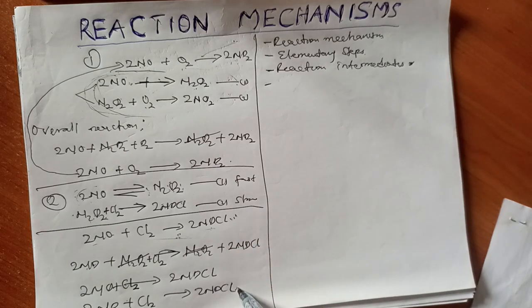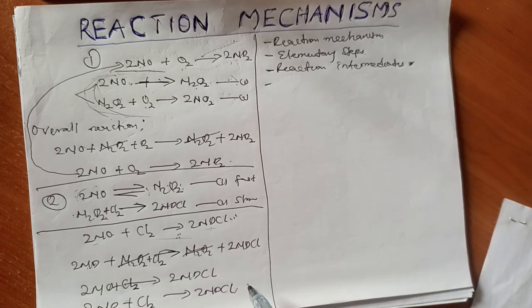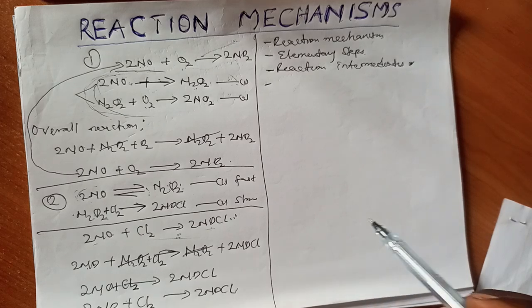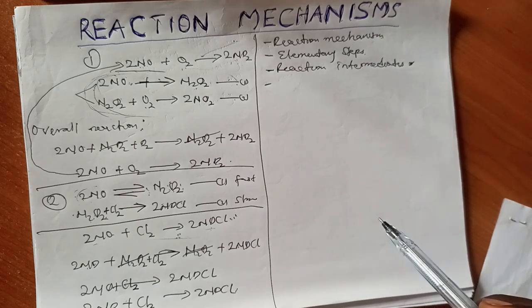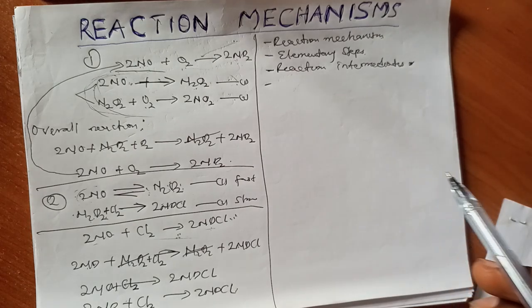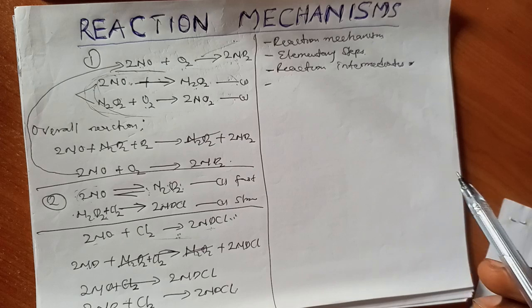As we look at it, there will be no intermediate present here, or reaction intermediate. You can only find the reaction intermediate in the mechanism of the reaction. And how do you know the reaction intermediate? We say they are present in the reaction mechanism, but not in the overall balanced chemical equation.